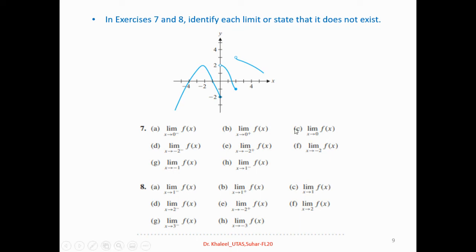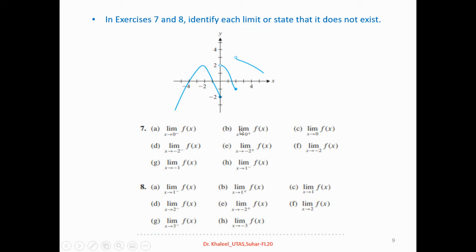Okay, so C: find the limit of f(x) as x tends to 0. This is not a one-sided limit. For this, I need to find the one-sided limits, 0 minus and 0 plus, which we already found. In the first case, it is minus 2. In the second case, it is plus 2.